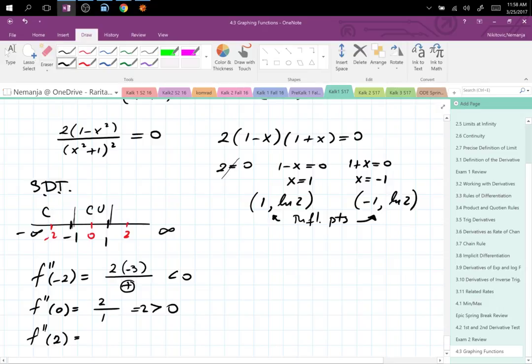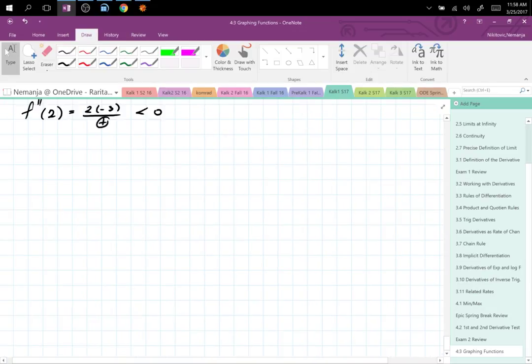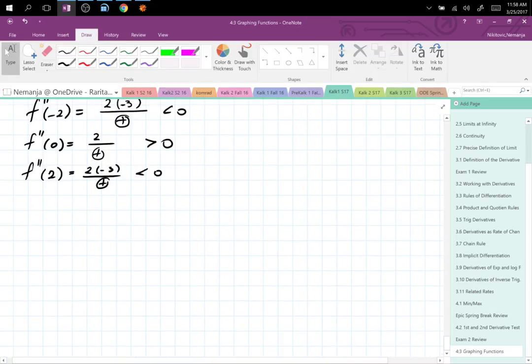That's why I didn't like it. Concave down. Awesome. And another concave down. It's symmetric. Divided by a positive value, right? So less than 0. Concave down. Okay, I have all the ingredients I need to do the graph, I hope.